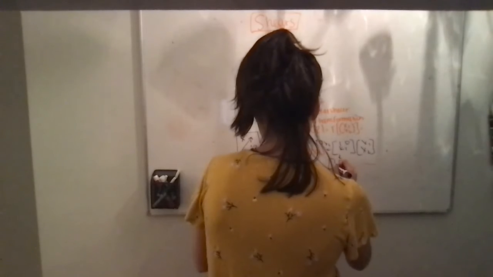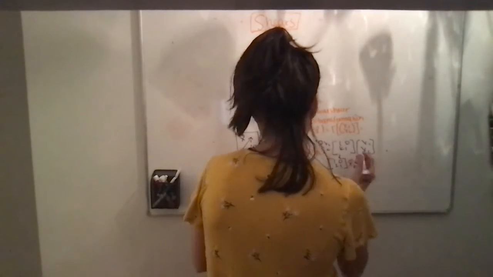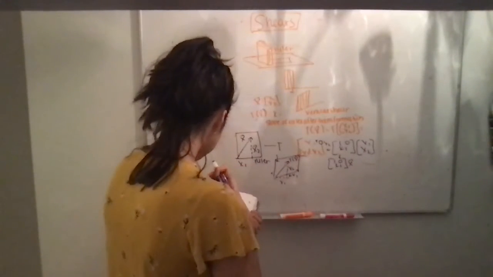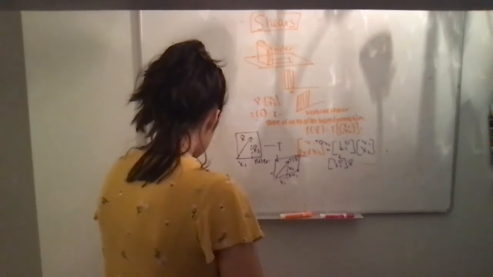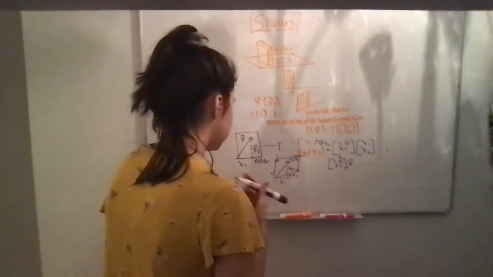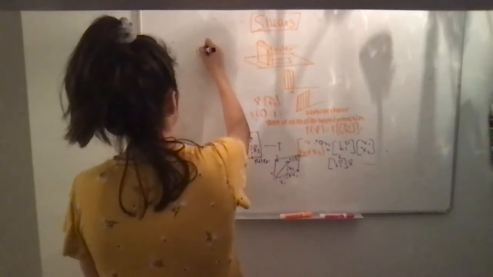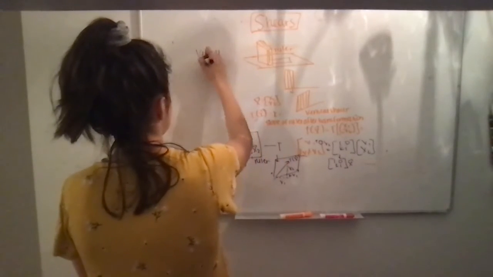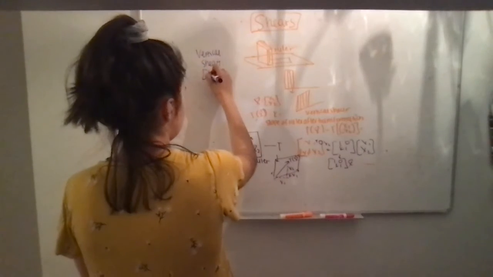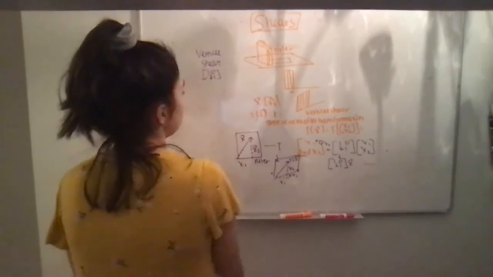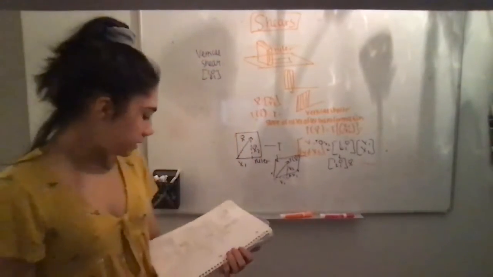So in other words, [1 0; k 1] times vector x. So the matrix of a vertical shear is [1 0; k 1].